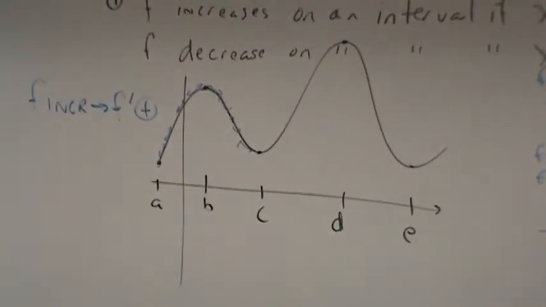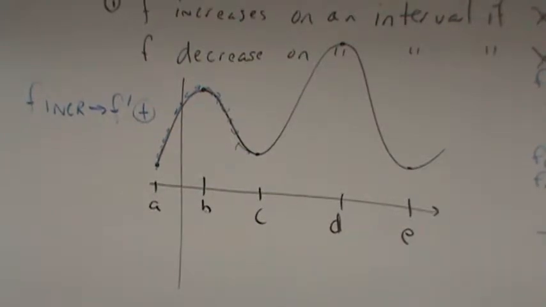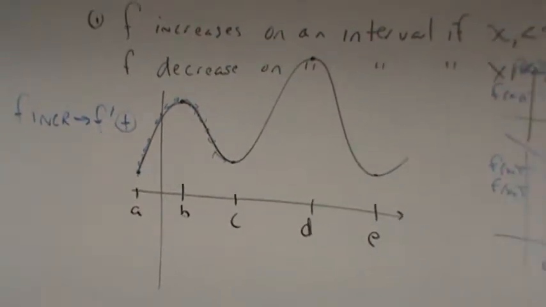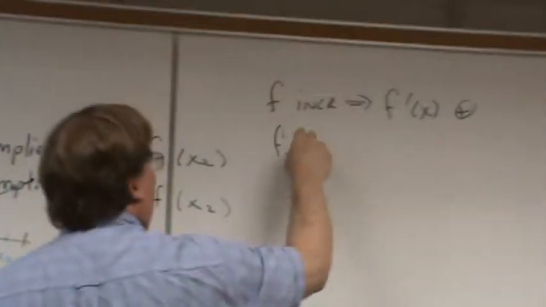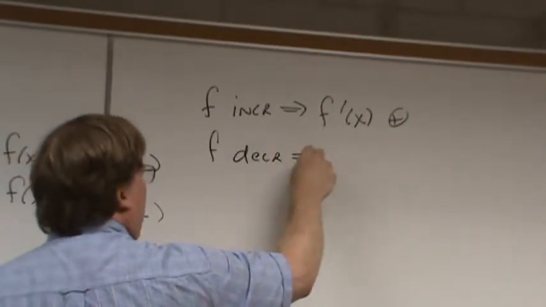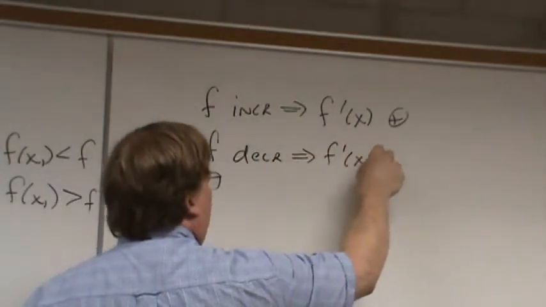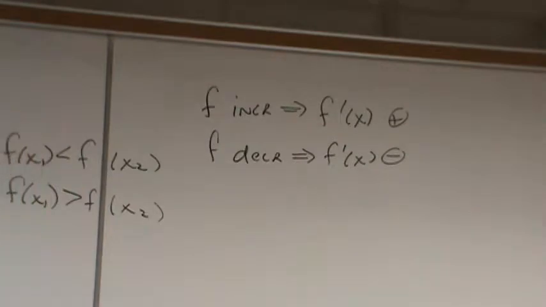F increasing implies f prime of x is positive, and f decreasing implies that f prime of x is negative. That's all I need you to get from this first thing, except for one weird thing, and I'm going to tell you that weird thing now, okay?